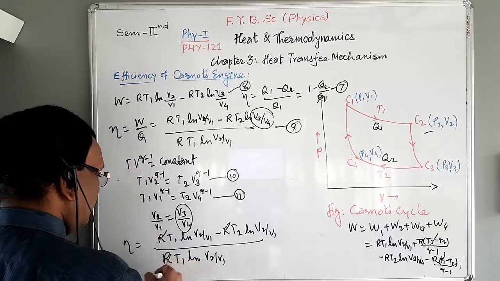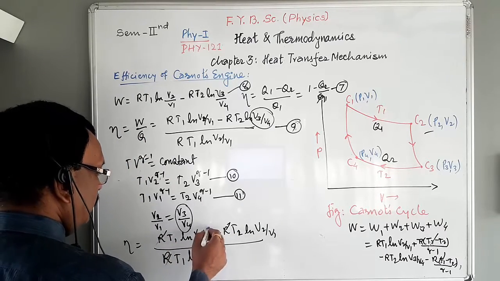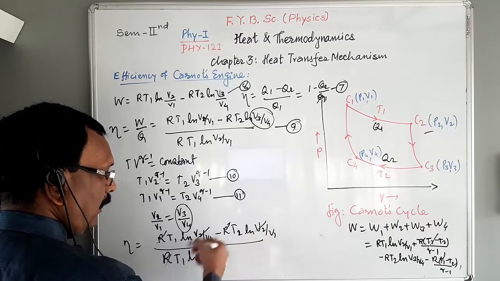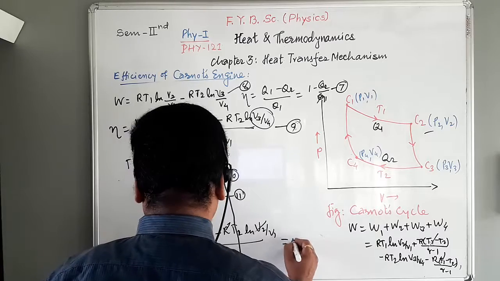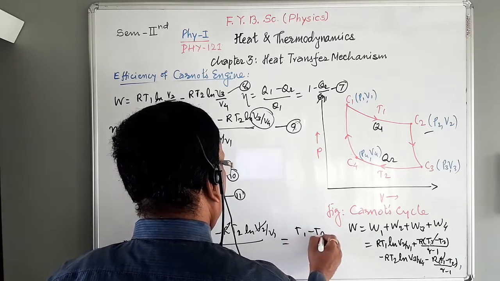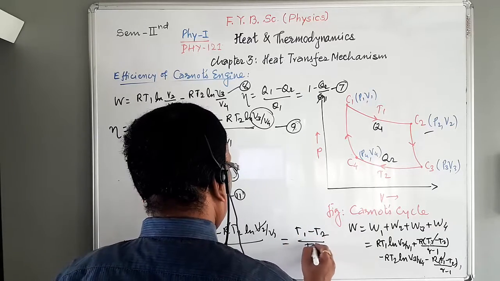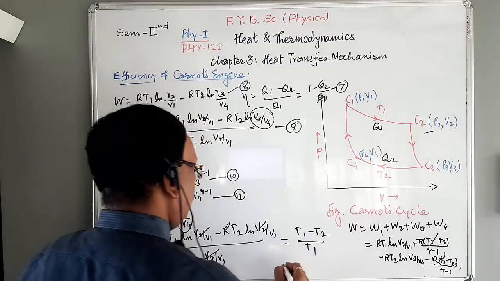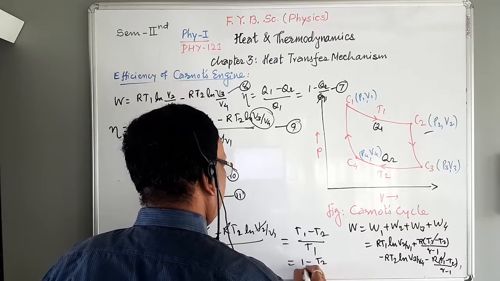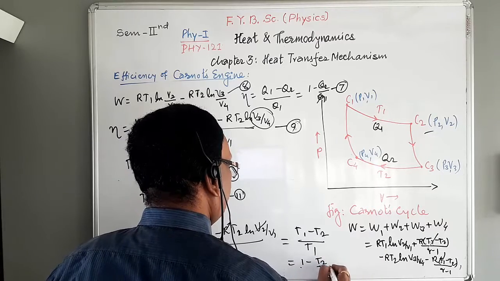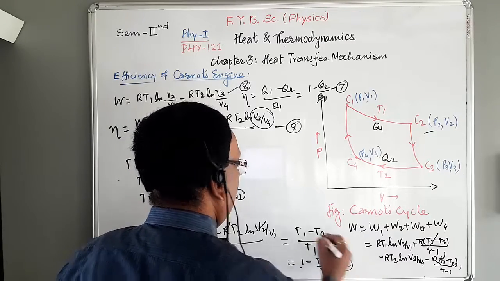This R is cancelled with this R, then this term, when we take it common, is cancelled with this term, and we have T1 minus T2 upon T1, or 1 minus T2 upon T1. Suppose this is equation 12.